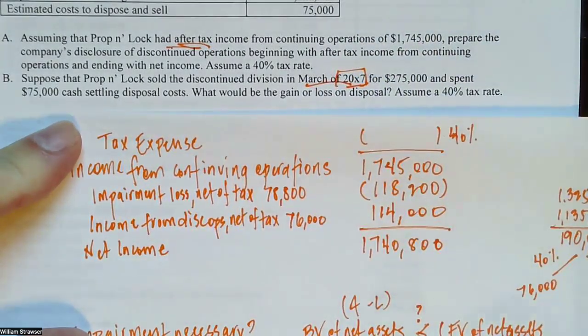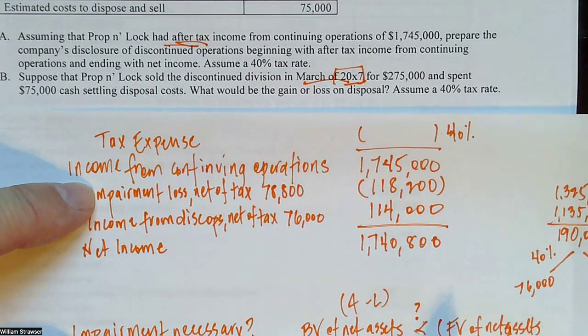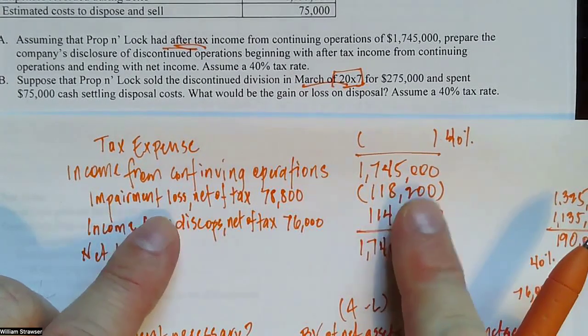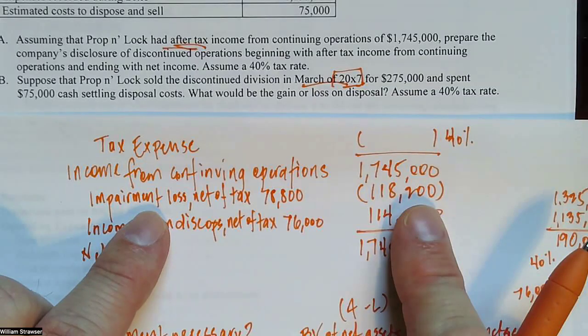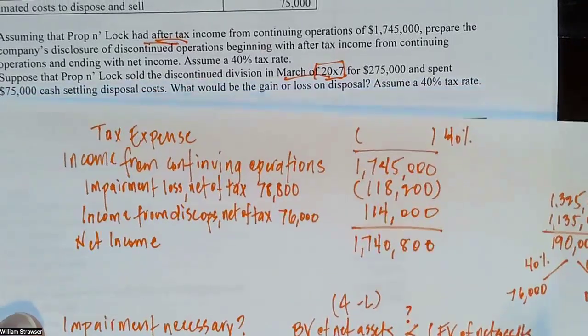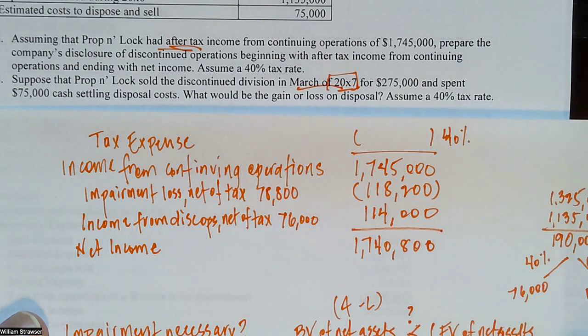There's no way it could have been in this 20x6 year because I wouldn't have had to check for impairment if I had sold it, because the sale is basically a reality check of impairment, right? In 20x6, I'm kind of acting as if, if I were to sell it this year, this would be the amount of loss that I would experience from the sale. But now that we're actually selling it in 20x7, there is no check for impairment.